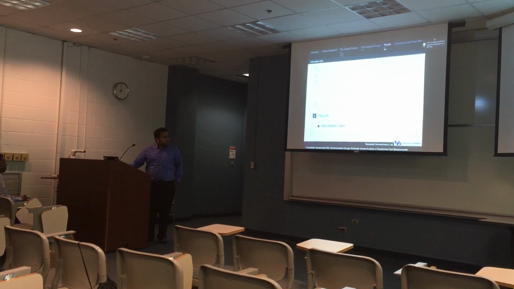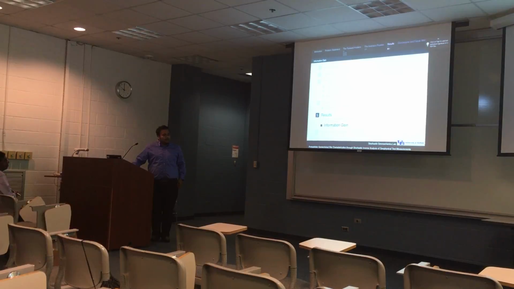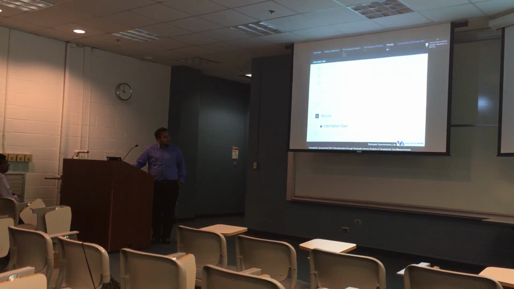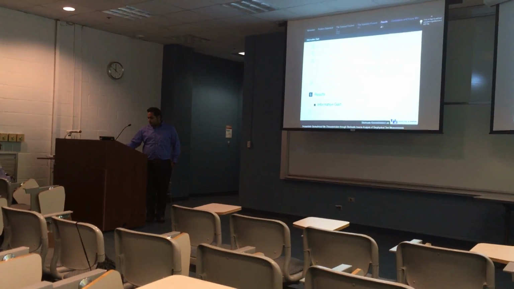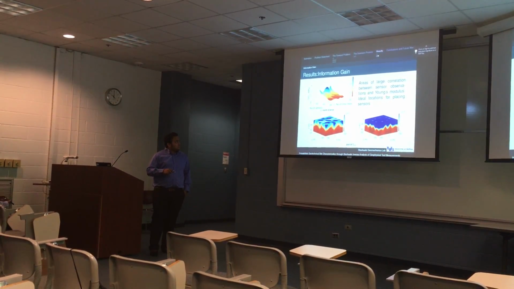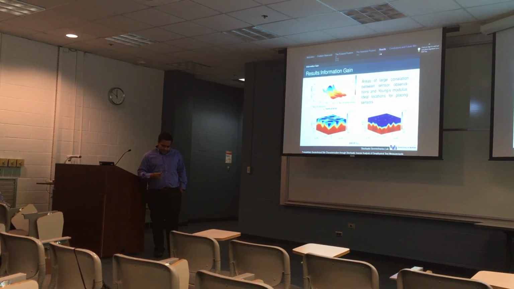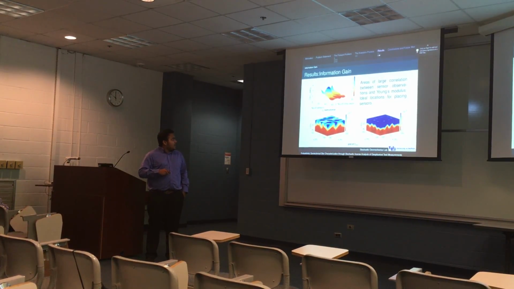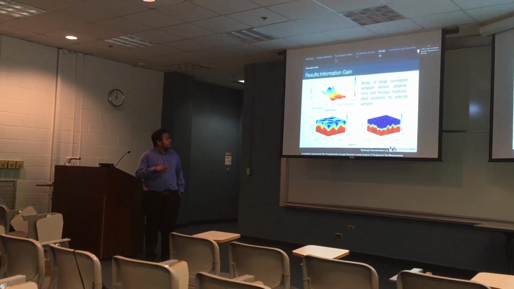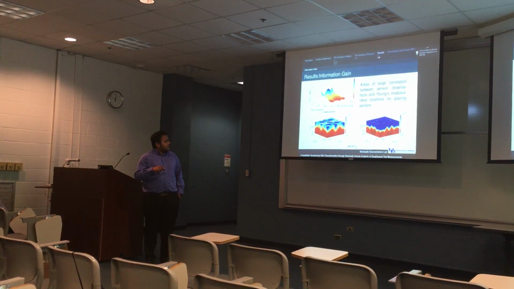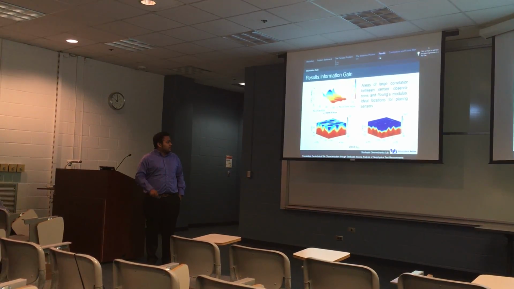We also conducted a very preliminary study on how much information gain we get and where we can place our sensors to give us good information about the whole soil. This is the number of time steps that we took into our inversion process, and this is the number of sensors that we use. This result is fairly obvious because the error decreases as we increase the number of sensors and the number of time steps.